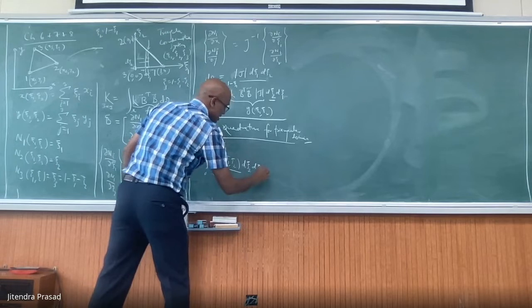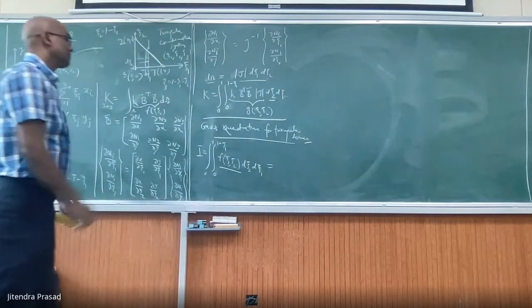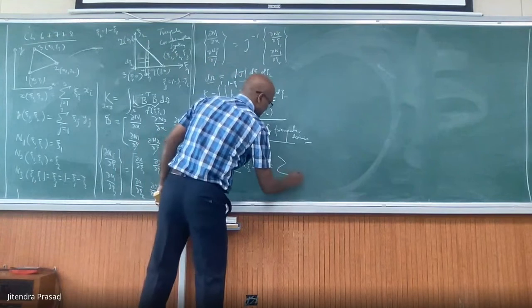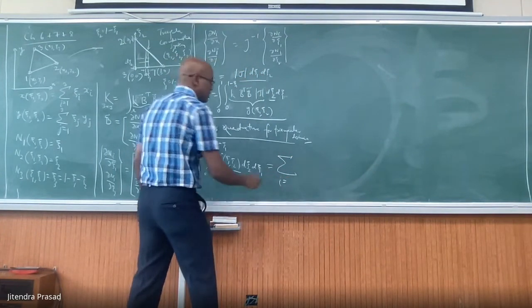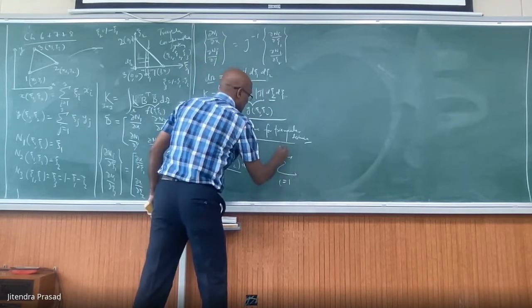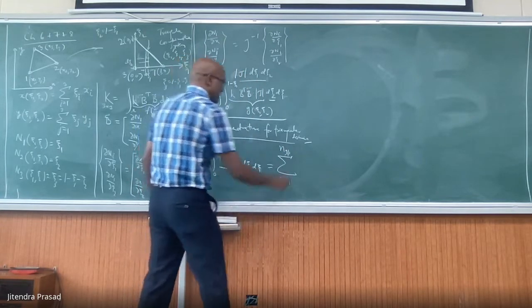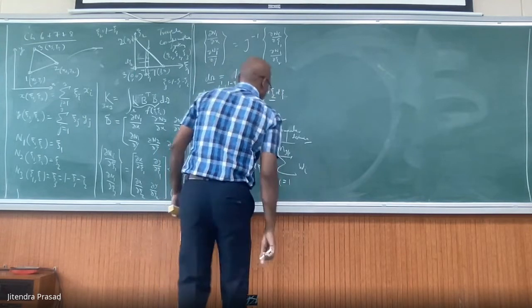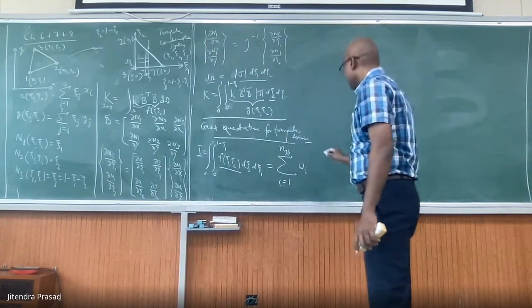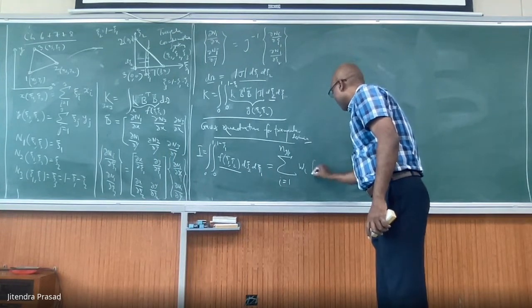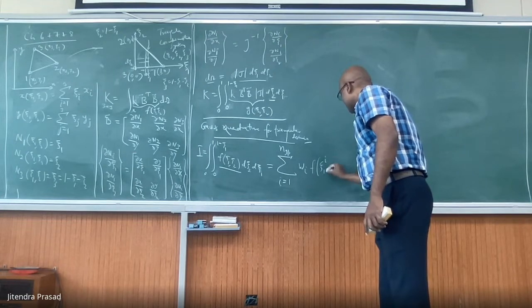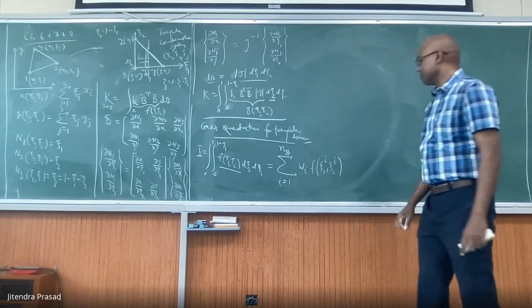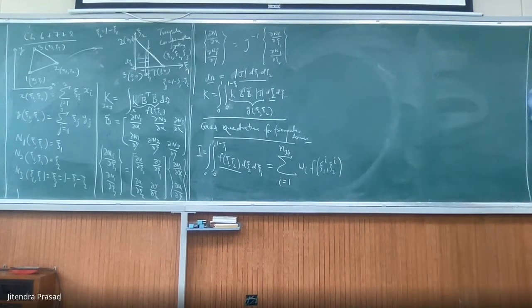For that, also you can write it as a summation of i equal to 1 to number of Gauss points, w_i, right? W_i, and then you have f of xi1_i, xi2_i. These i's are not powers; these are indices for identification, right?